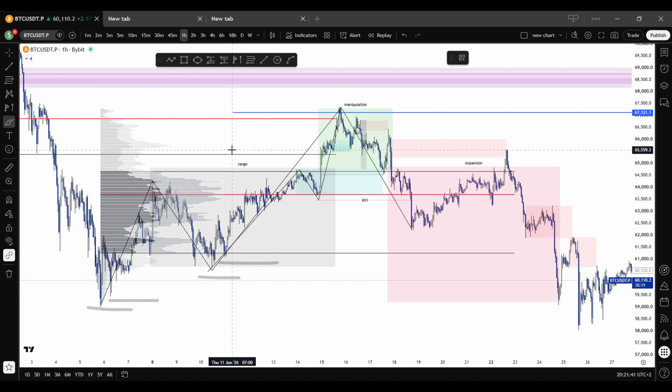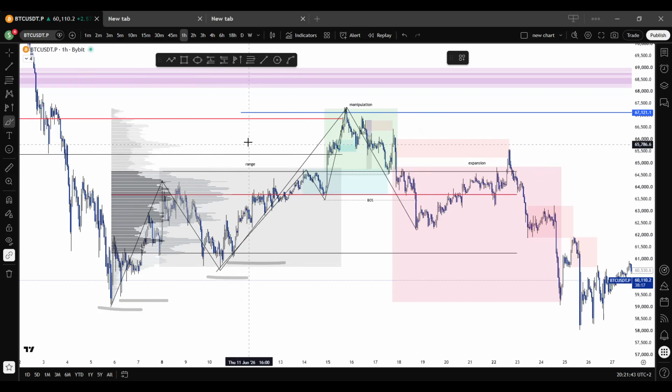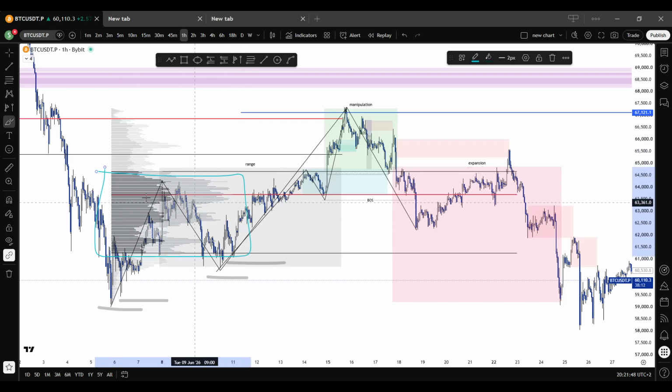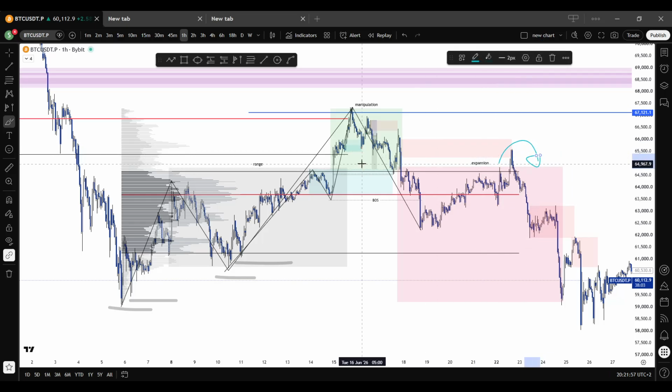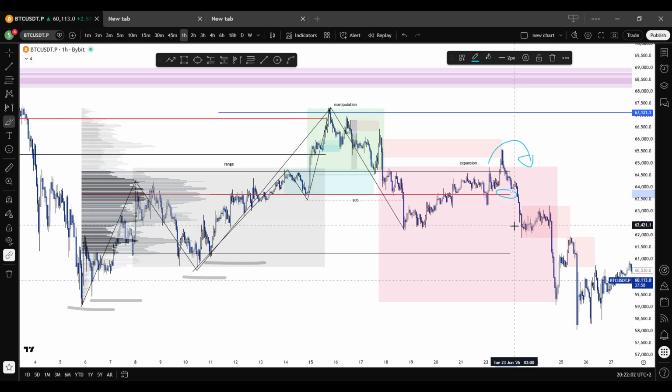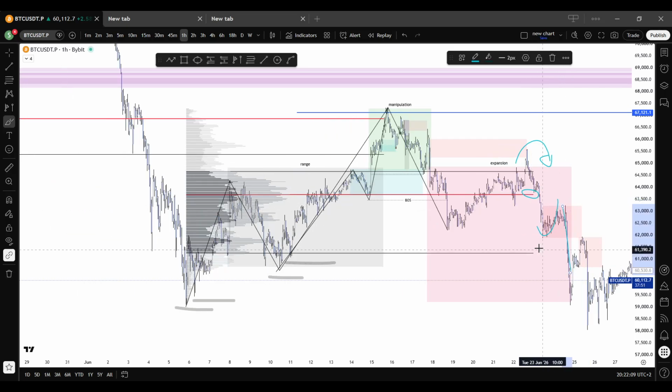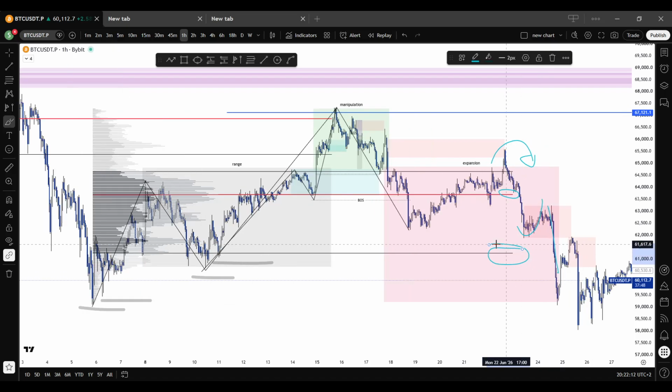But basically how it works is that when we have this volume profile, you guys can see that most of the volume is centered in the middle of the range. And when we deviate one side of the range and then get below the POC, we don't have to retest the POC, but we are looking for a pullback and then a rotation to the other side of the volume profile, in this case, the value area low.